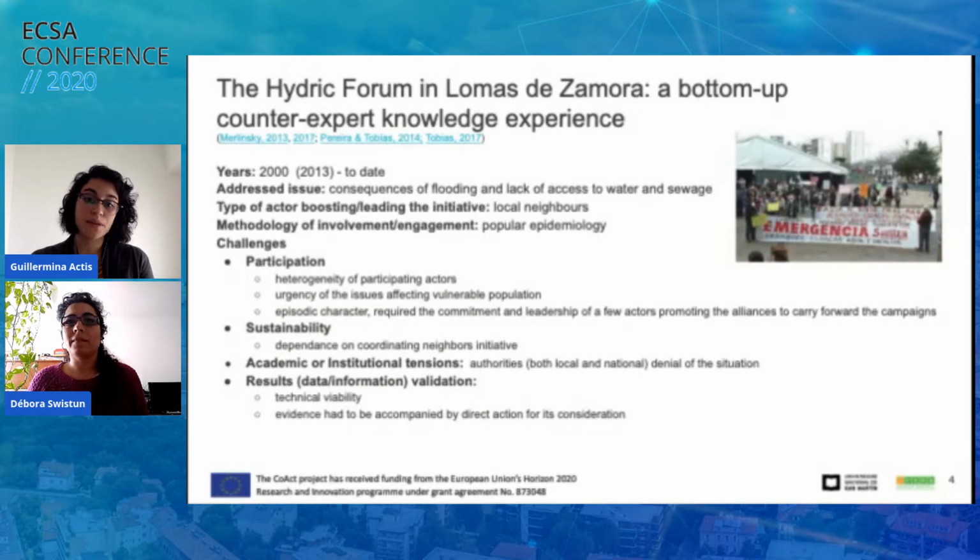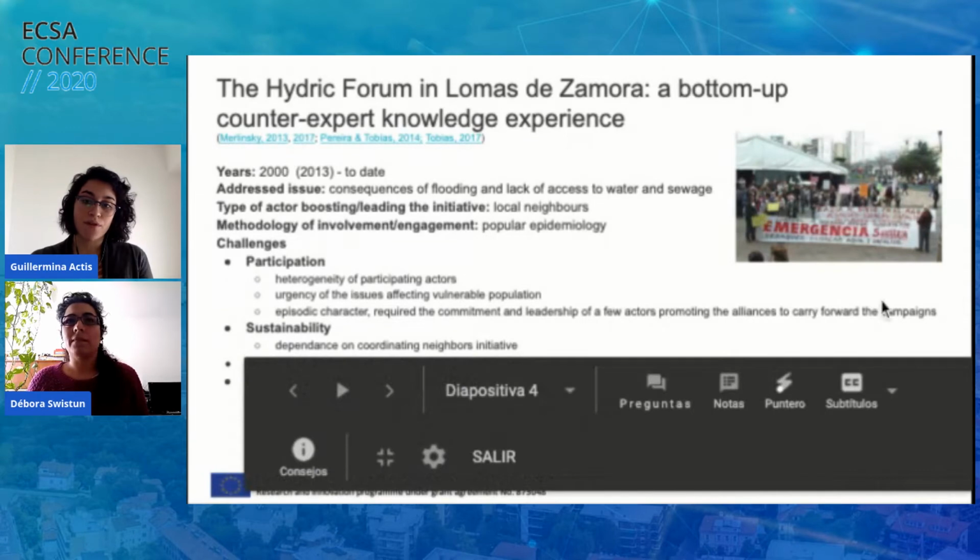In terms of sustainability, the dependence on coordinating neighbors. In terms of institutional tensions, the authorities with which the initiative was creating a dialogue were denying the situation. And in terms of the results validation, all the proposed knowledge had to have technical viability, and the evidence had to be accompanied by direct action for its consideration by the authorities.